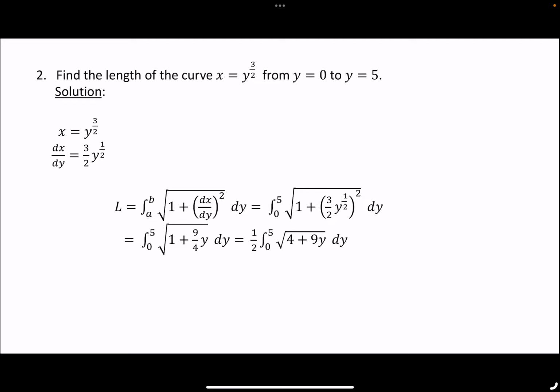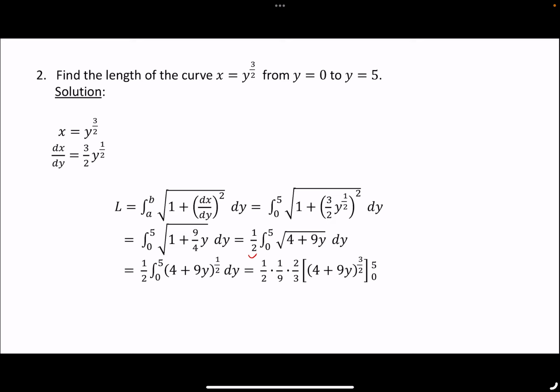So, we factor out 1/4 and put it outside the radical, so it would be square root of 1/4, which would be 1 half. Integrating the square root of 4 plus 9y dy, so that would be 4 plus 9y raised to 1 half dy.